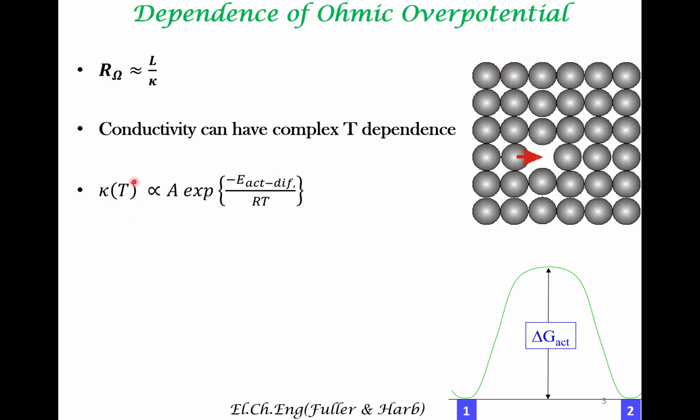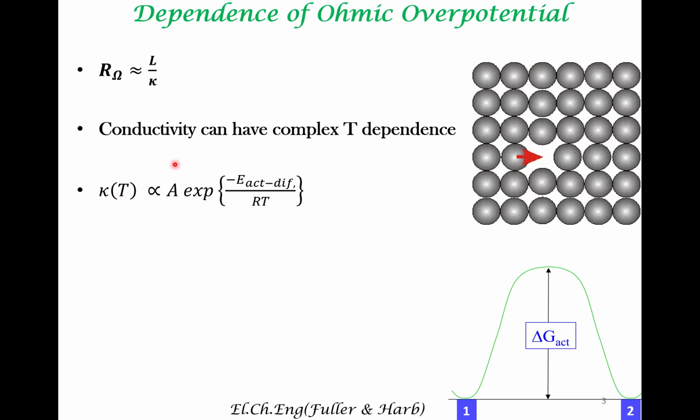Typically, the conductivity would increase with temperature because this is a constant. As T increases, the rate of ion hopping will also increase. Therefore, the conductivity increases.